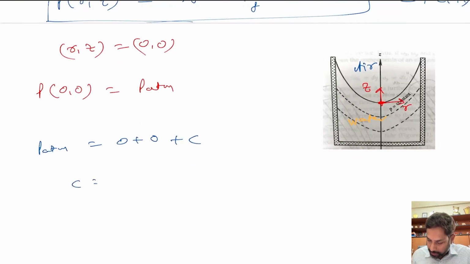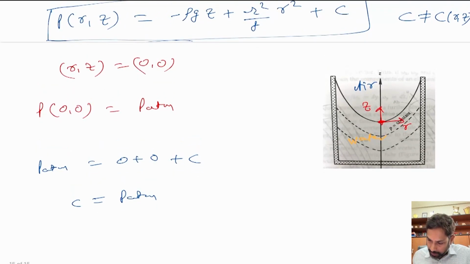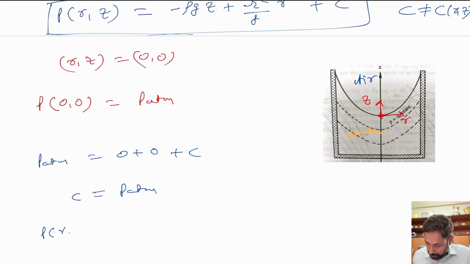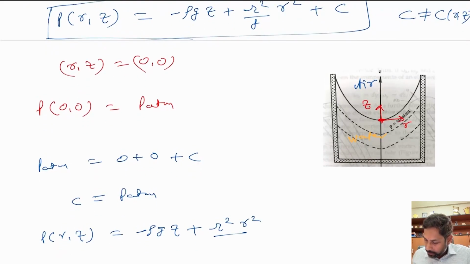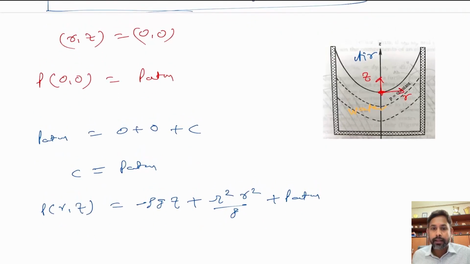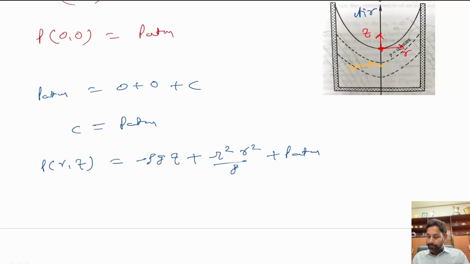So basically c is equal to P atmosphere, and that means P of r, z is equal to minus rho g z plus omega square r square over 8 plus P atmosphere, right? So this gives us the pressure distribution inside the vortex.